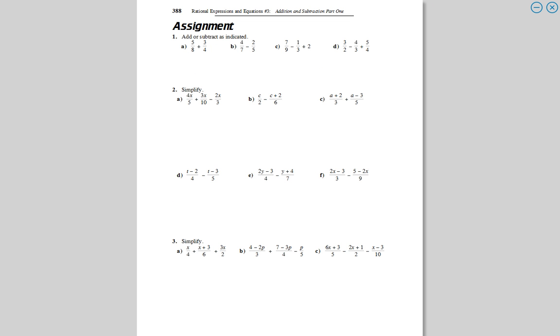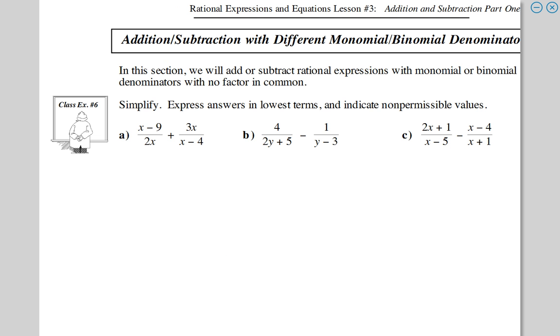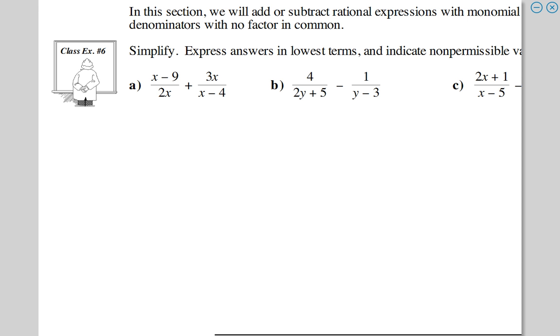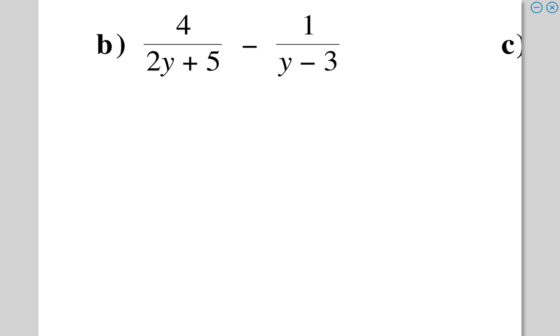Okay, now we get into the binomials. So when there's binomials involved, it's actually easier. So let me check out, we'll just do B first. This is actually easier. So remember the whole thing, like if you see your buddy's shoes and you're like, I gotta get those shoes, and you copy it?